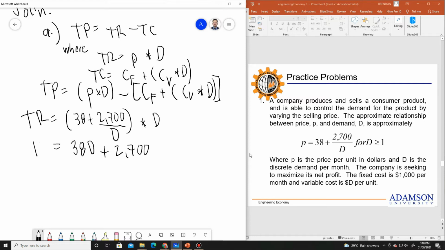This is the equation for TR. For TC, TC is CF. The fixed cost is $1,000 plus CV is $D multiplied by D. We will get 1,000 plus D squared for TC.